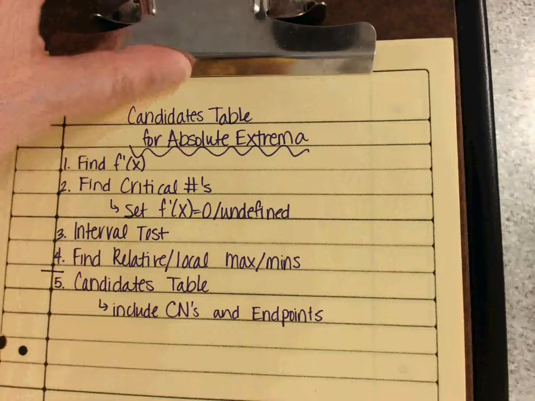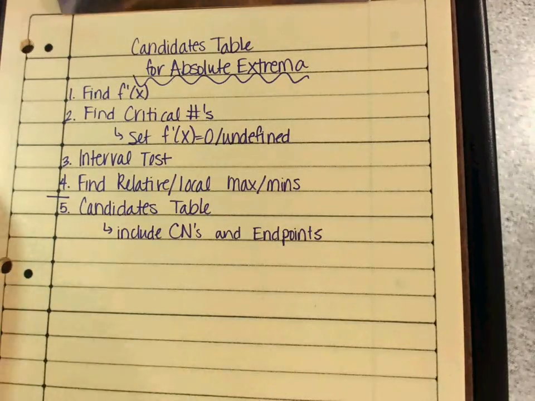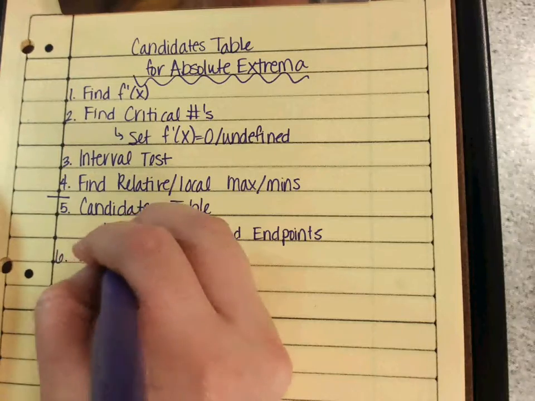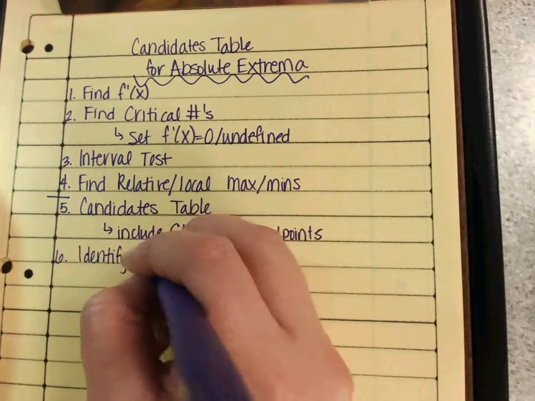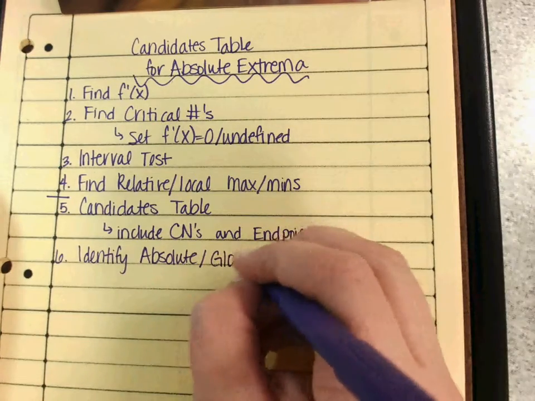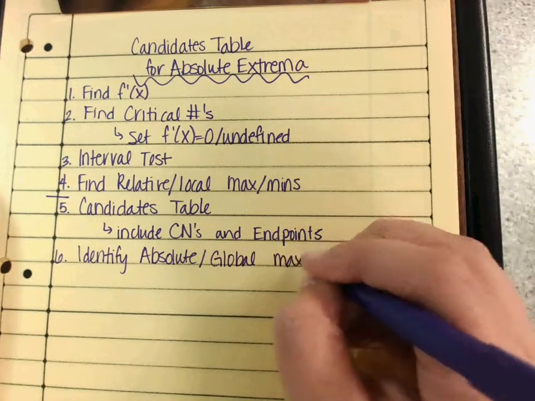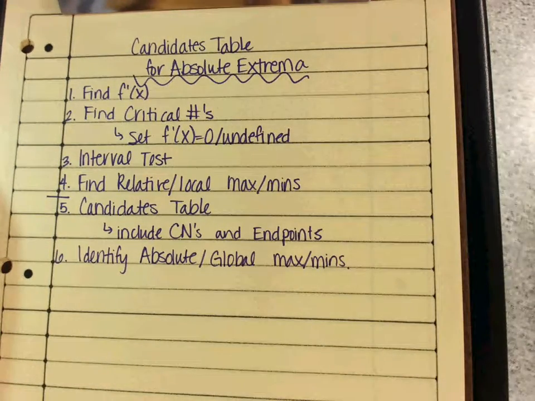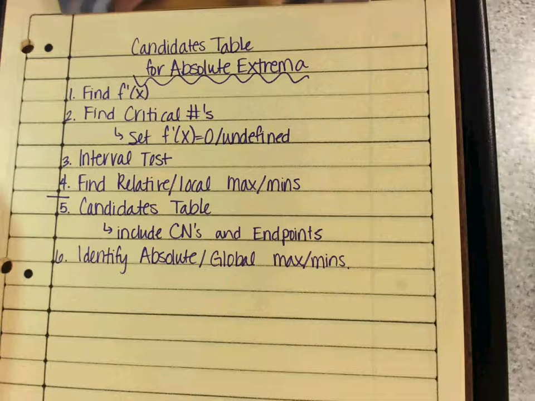And then in step 6, you're going to identify your absolute or your global max and mins. So really, a lot of it is kind of the same as what we did yesterday. You just have 2 new steps added to the end.